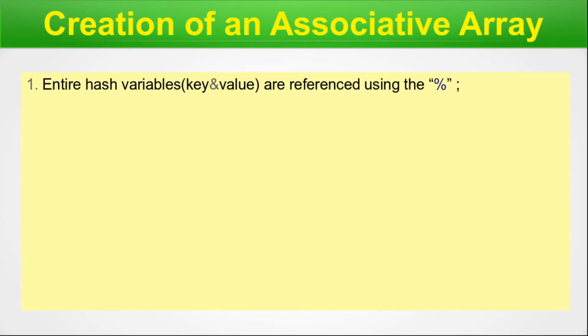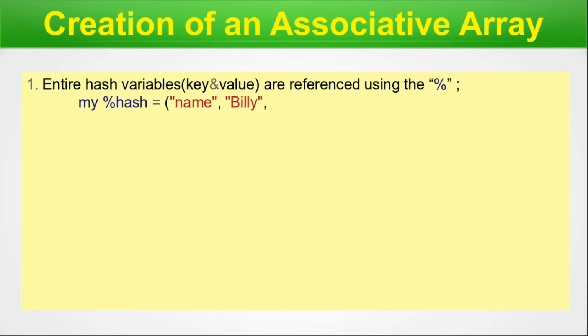Entire hash variables, key and value, can be referenced using the percentage symbol. So the first type, how we create a hash, we'll see how we create an entire hash. We write my percent hash, then write equal to, then open a first bracket, and then we put a pair.